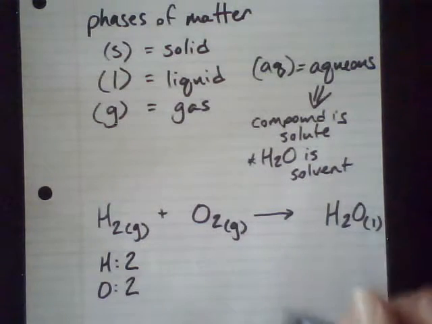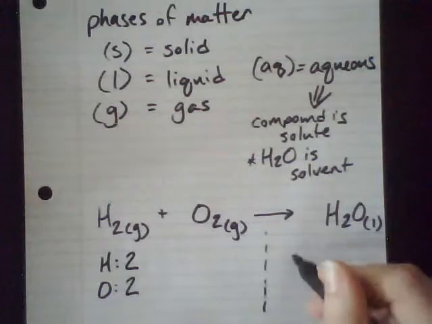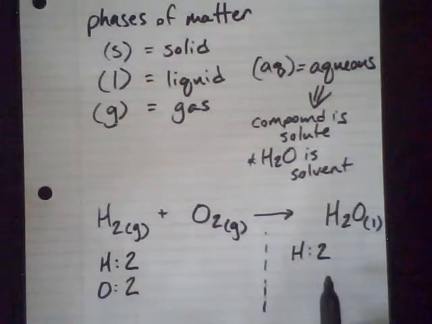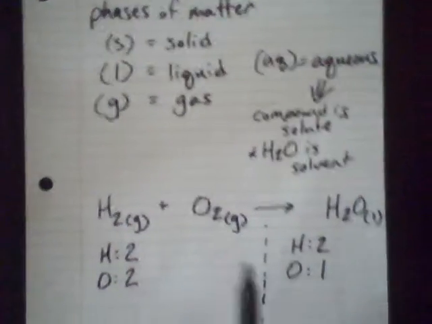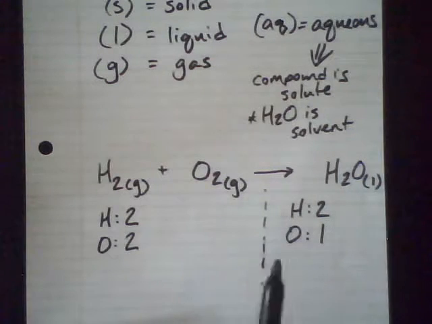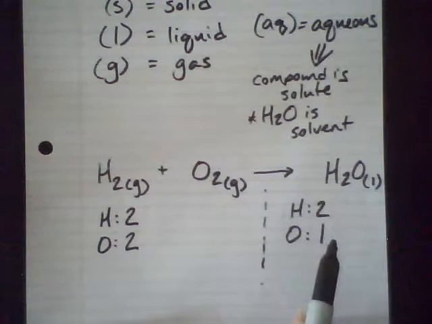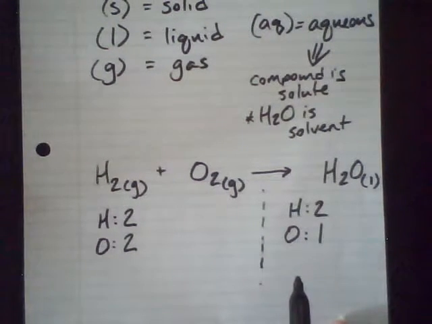And if I go on the other side of my arrow here, my arrow is kind of like my boundary. I look at my hydrogens, I have 2, so I have 2 on this side, 2 on this side, that's good. And I look at my oxygens and I only have 1 on this side. 1 on this side, 2 on that side. So this reaction cannot be. It at least cannot be in the form that it's in right now, because I need to have the same number and type of atom or element on each side of the equation.